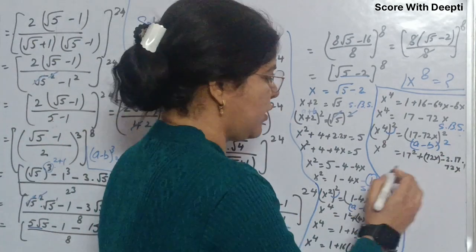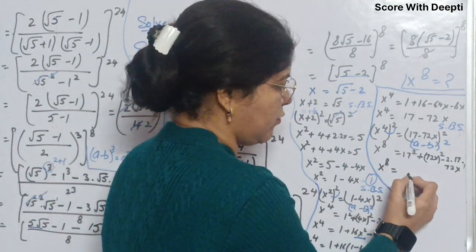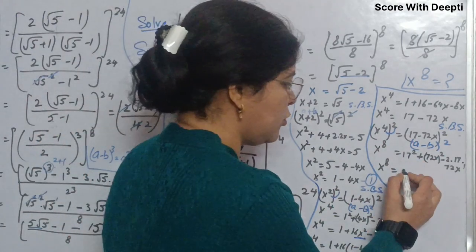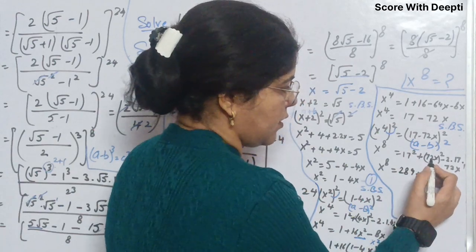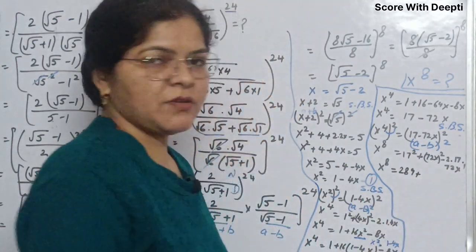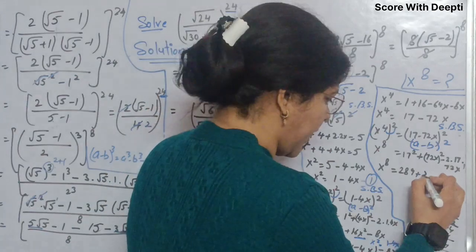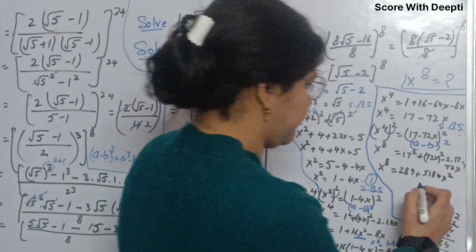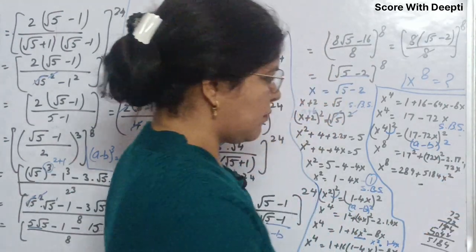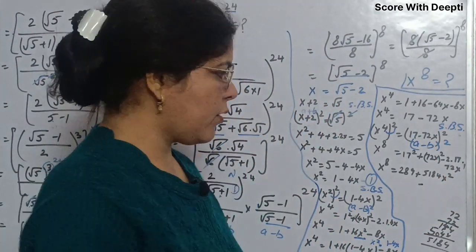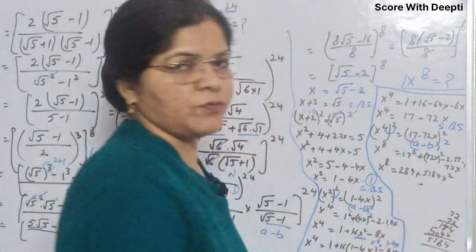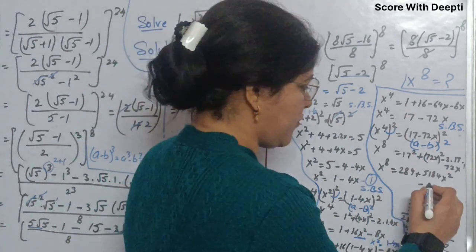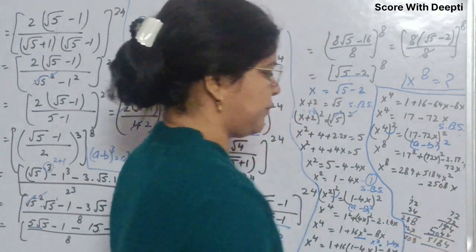We have to solve this carefully and get x to the power 8 equal to, next we multiply 17 with 17, means 17 square is equal to 289, plus multiply 72 with 72, we get 5184 x square minus, multiply 17 with 2, we get 34, and 34 multiply with 72, we get 2448x.